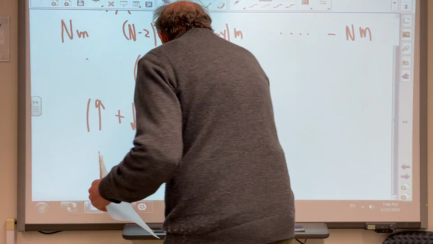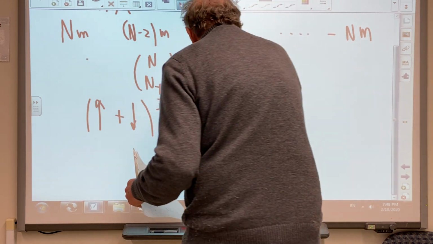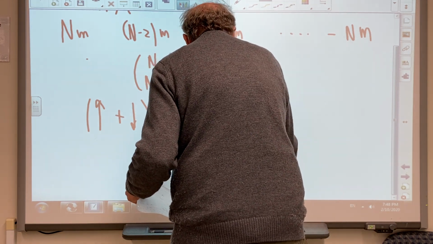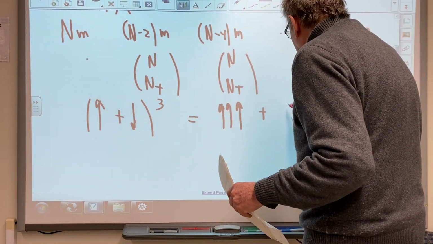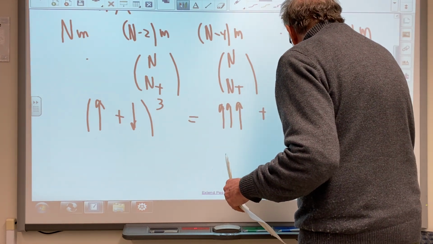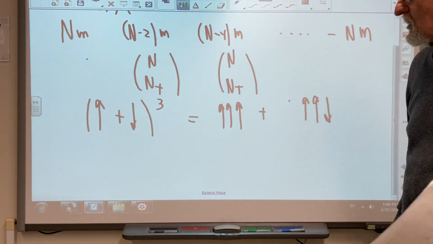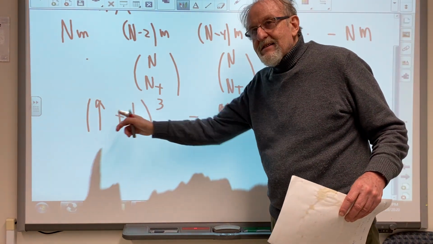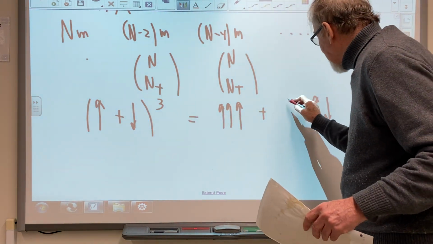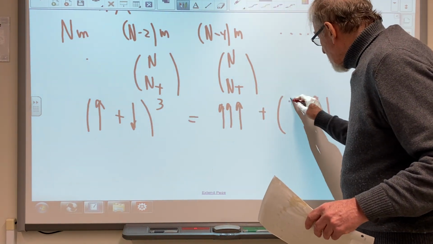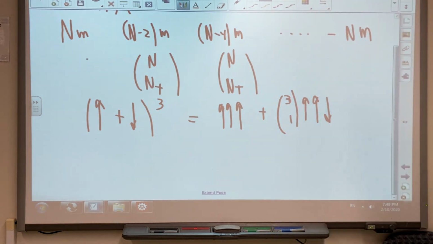So when I open this, what will I have? I will have this term. I will have 3 different terms corresponding to 2 spins up and 1 down: the first and the second are up and the third is down, or the first and the third are up and the second is down. So I will have 3 terms here, which is the combinatorial 3-1.